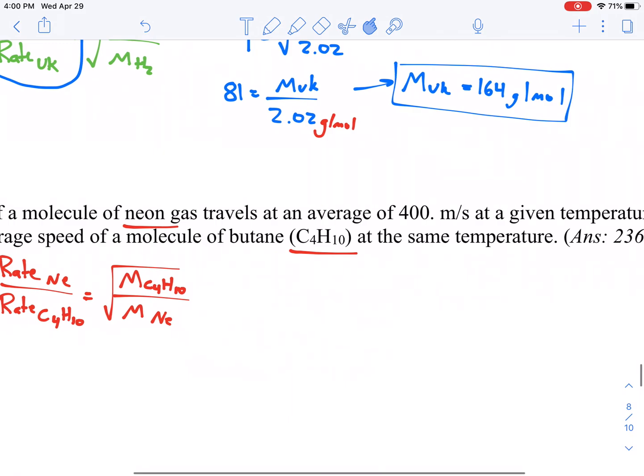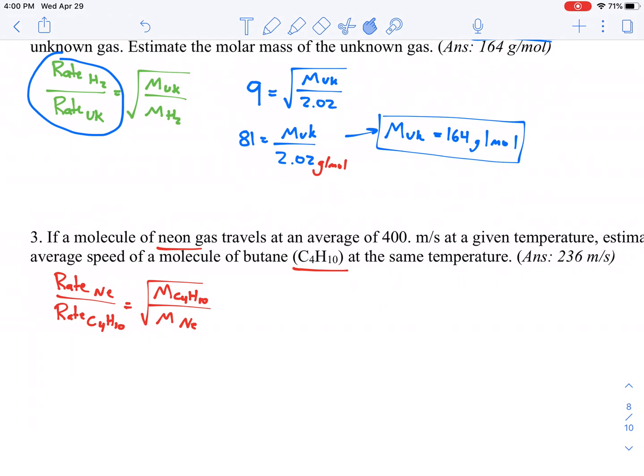So there are some things that we know. We are told that that neon gas travels at an average of 400 meters per second. Meters per second is a speed, also known as a rate. So this is our rate.